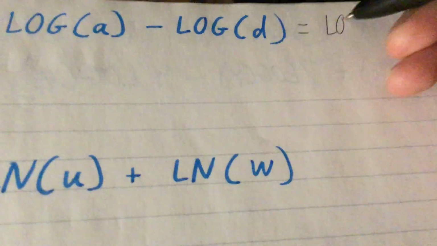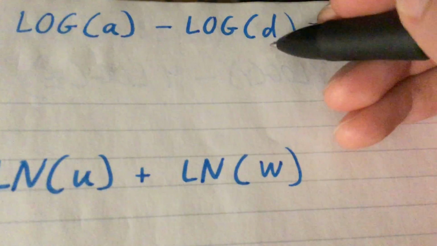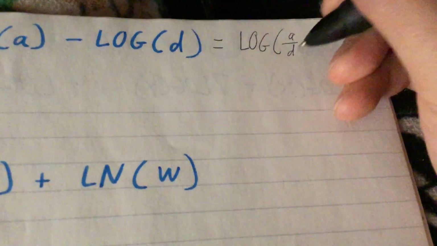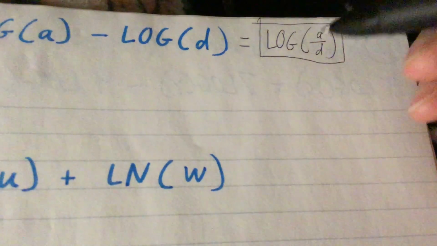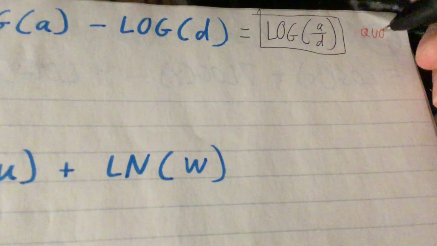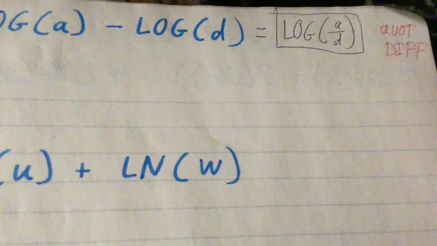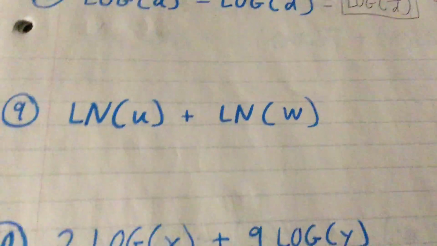So this becomes log of A, the numerator, over D, the denominator. And why is it that we did what we did? Quotient difference rule. I find it easy to cite the source. You don't have to. I find it much easier to have it stick in my brain. Quotient difference is the reason why this works.